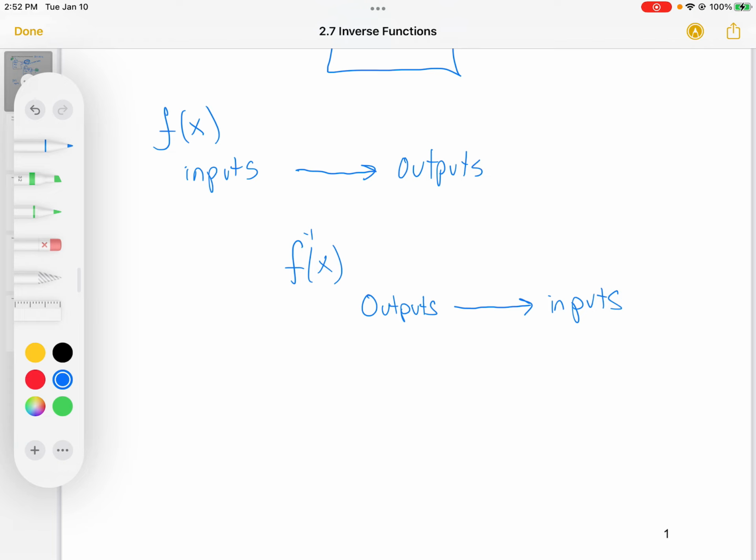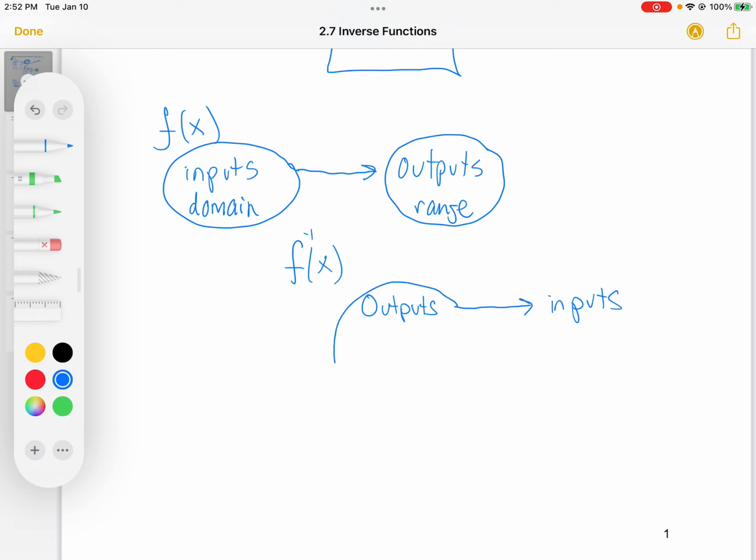Okay? So, if we can use some math terminology here, the set of all inputs is our domain for our original function. The set of all outputs is our range. Now, the new domain was the old range. This is our new domain, or the domain for the inverse function.